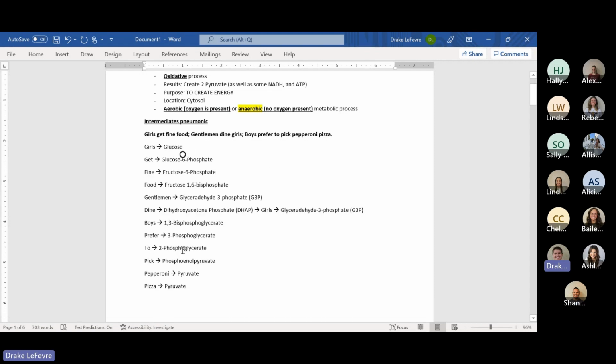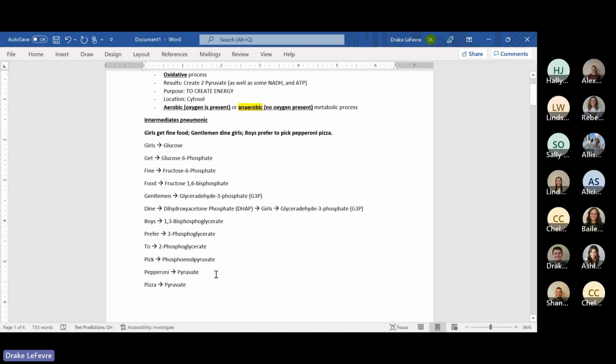This represents the order: glucose, glucose 6-phosphate, fructose 6-phosphate, fructose 1,6-bisphosphate, glyceraldehyde 3-phosphate, dihydroxyacetone phosphate, 1,3-bisphosphoglycerate, 3-phosphoglycerate, 2-phosphoglycerate, phosphoenolpyruvate, and then into our 2 pyruvates.